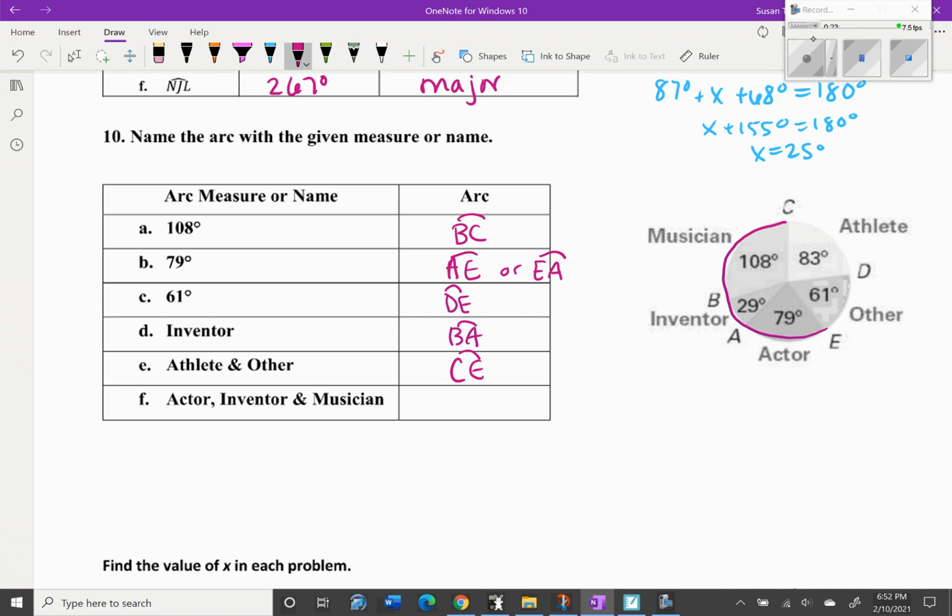So I could use CAE, you could do CBE, or of course you could do the reverse for that.